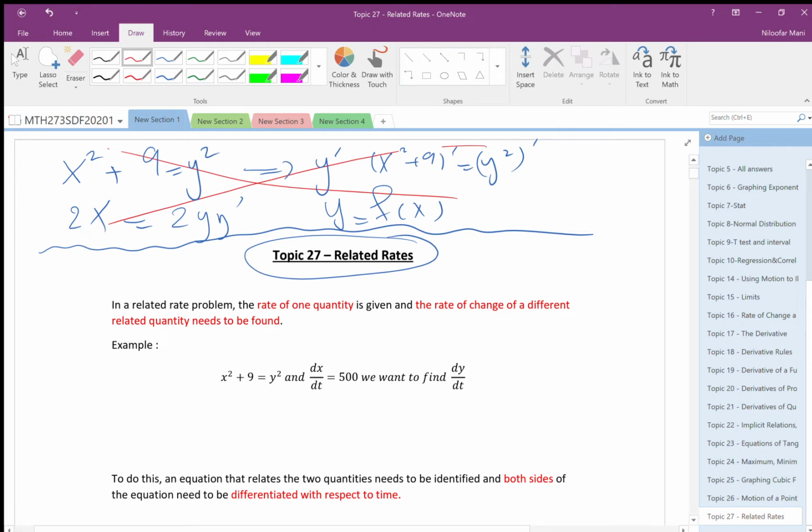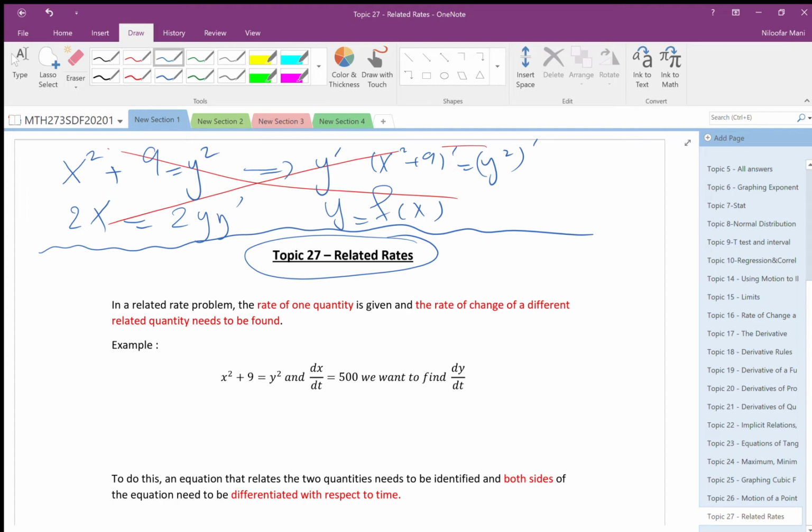So with respect to time, the volume is changing, reducing, and the radius of the ball is also reducing. So I want to know, for example, if the rate of change of volume is this, with the unit that I have to mention, I want to know how the radius is changing. But both of them are changing with respect to time.